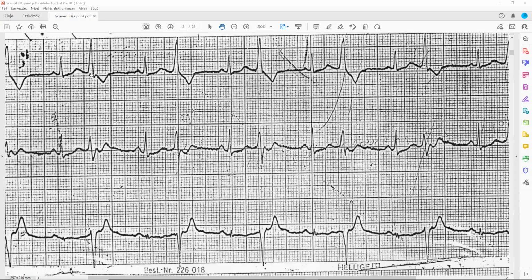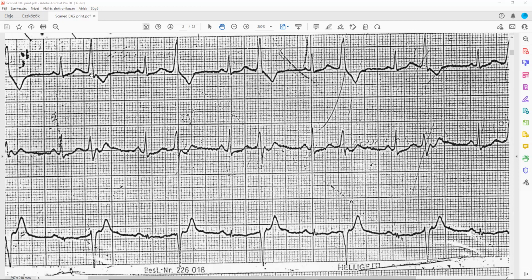Look, if you have an early coming beat and the QRS is not the same, it cannot come from the same area as the sinus. It cannot come from the supraventricular area because the ventricle is not activated the same way. It has to come from the ventricle. So it's a premature ventricular beat. Exactly. So that's a premature ventricular beat.